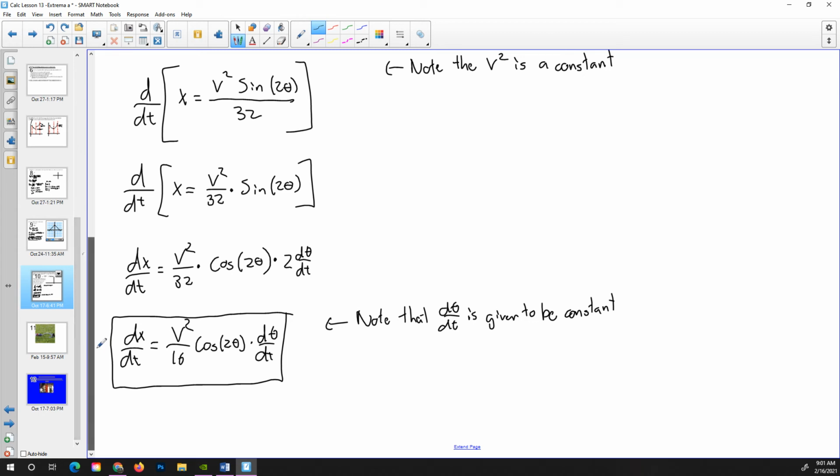And v squared over 16 is a constant. So we only have to consider the cosine of 2 theta, right? Because that's the only thing that's changing.